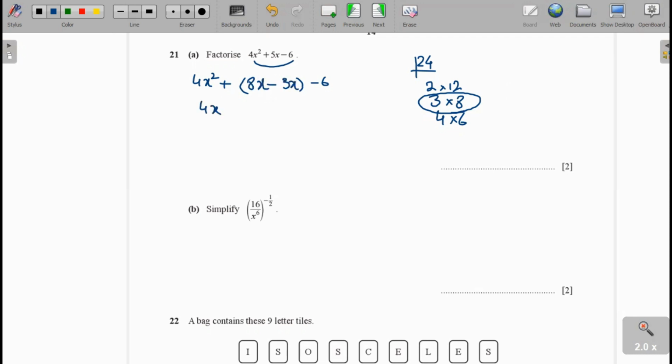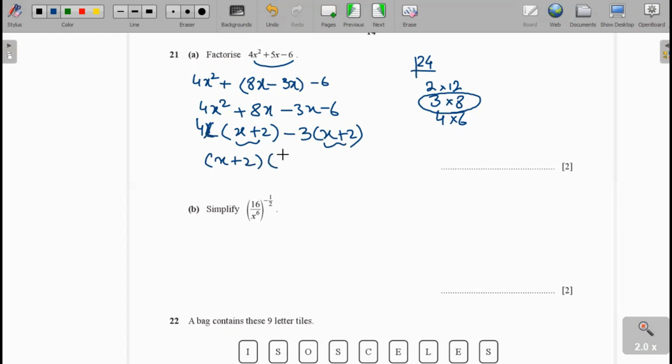Now 4x squared plus 8x minus 3x minus 6, we take a common factor from the first two terms, 4x is common, and from the last two, minus 3 is common. Now we get x plus 2 as a common factor, and 4x minus 3 is written as it is. Now this is the factorization of this expression: x plus 2 times 4x minus 3.